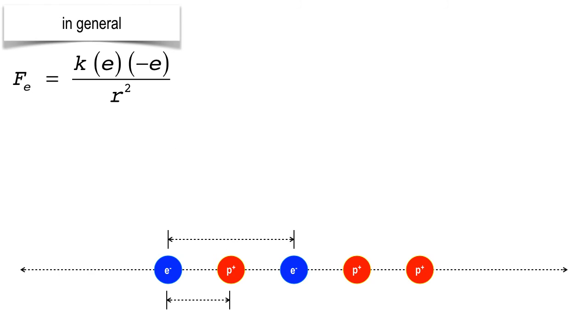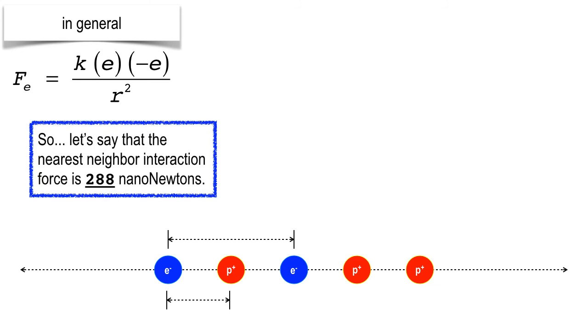All right, here we go. Now, first thing that you've got to know, the nearest neighbor interaction. Let's say that for this array, the distances are such that proton to electron, nearest neighbor, right in here, the leftmost electron and that next proton, is 288 nanonewtons.